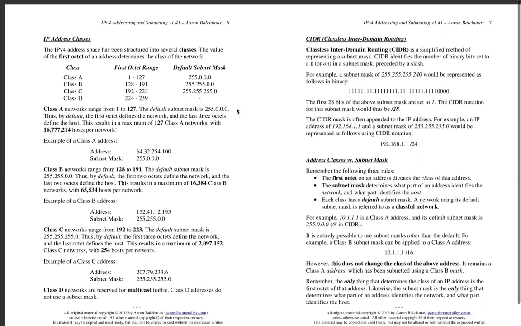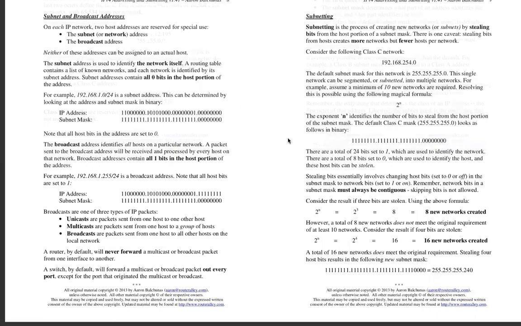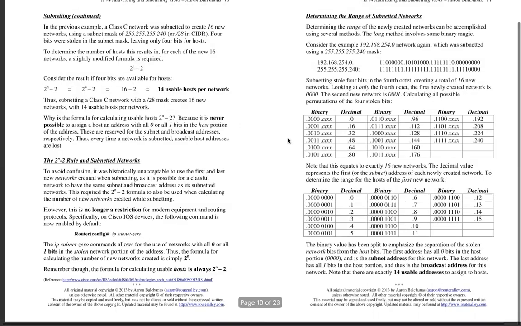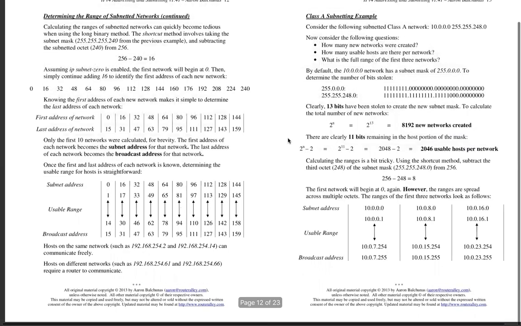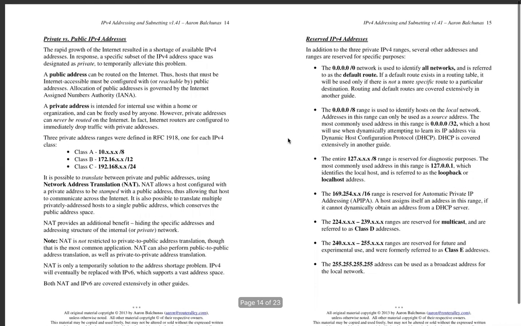Yes, sir. Okay, now let's go to the calculation part. How to calculate this IP address. Let me find one so that we can.